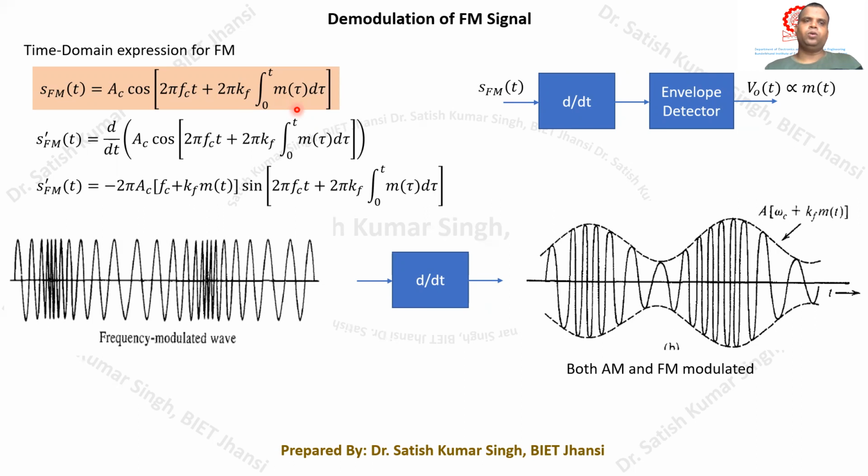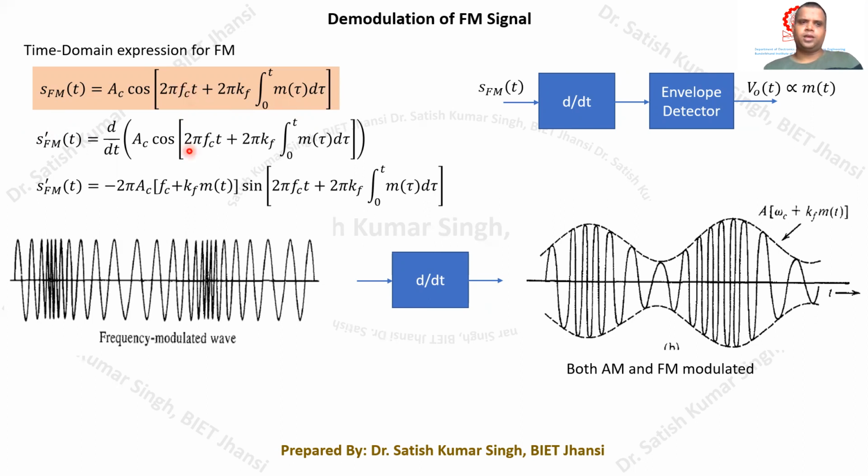Now try to see this. If we perform the differentiation of this equation, before that you should first understand that the message content is actually mapped in the variation of the frequency of the carrier.